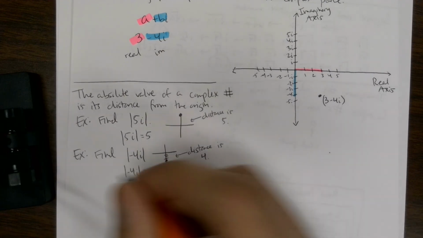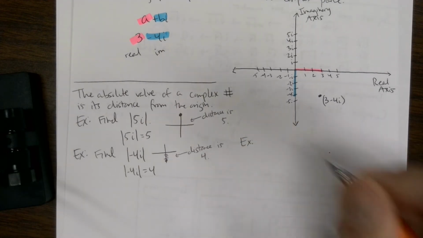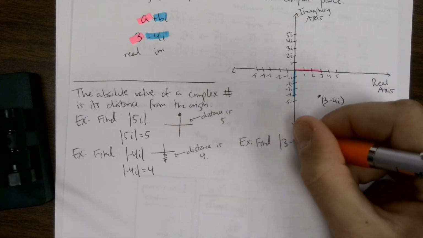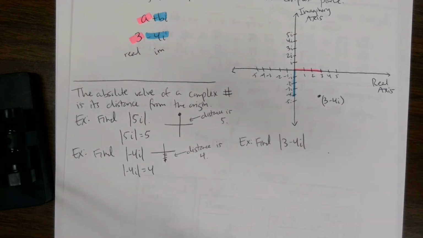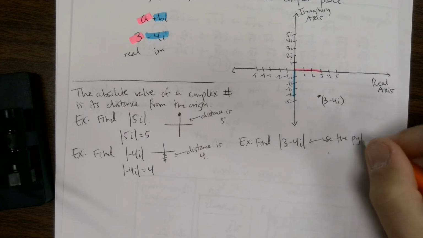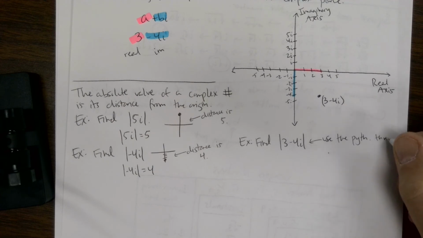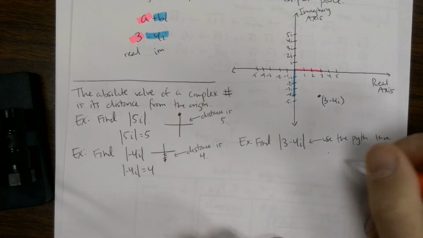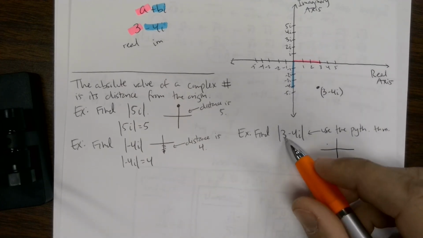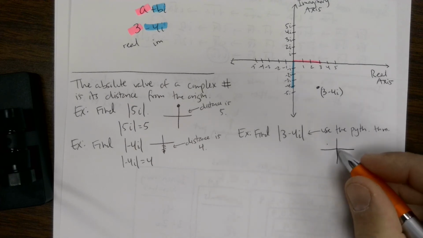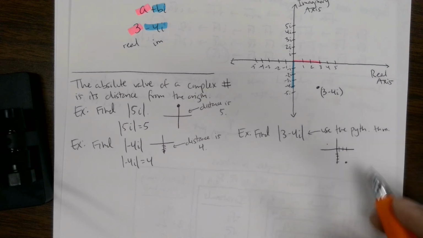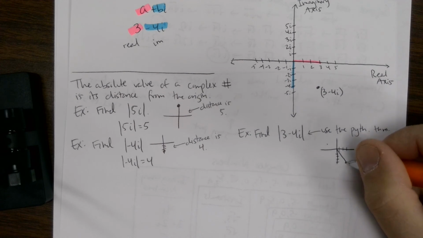Alright, cool. Now, another example. Find the absolute value of 3 minus 4i. We can use the Pythagorean theorem for this. I'm going to draw a small complex plane here. I'm going to go to the right 3, because that's like our x, and then go down 4. I'm going to make a little triangle.